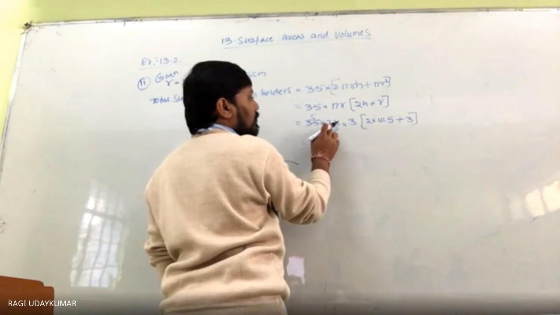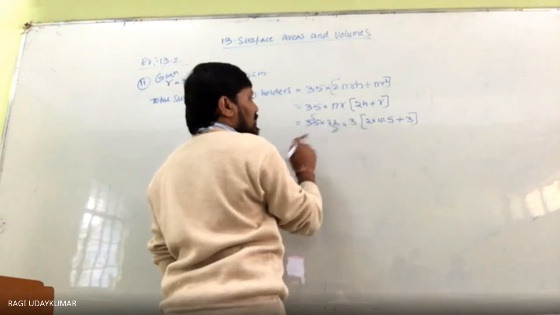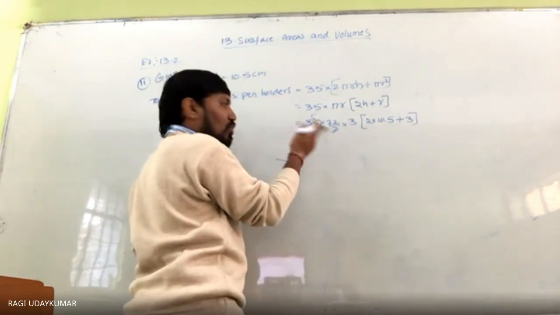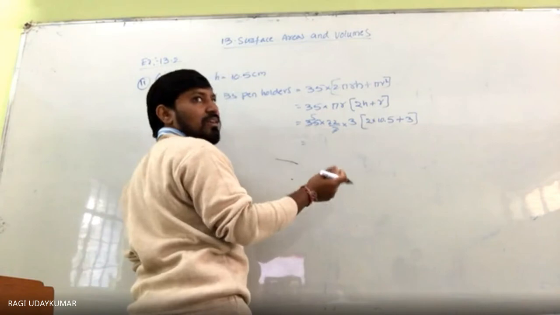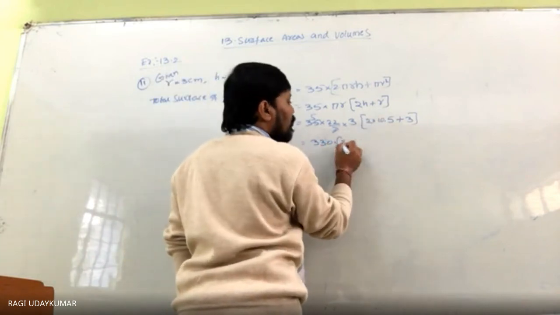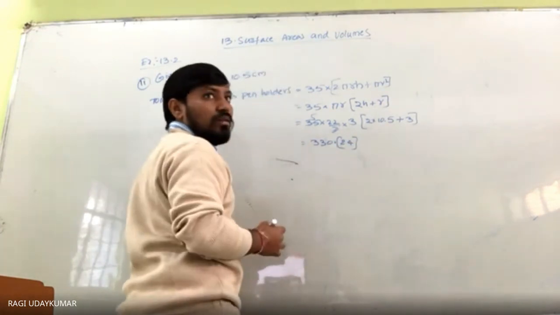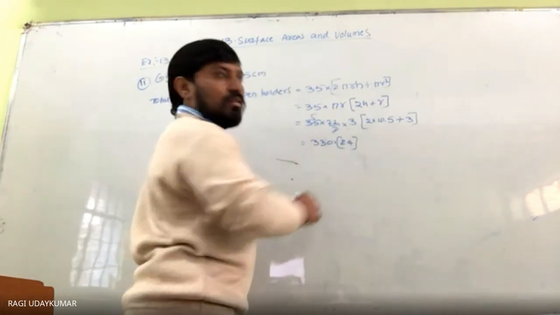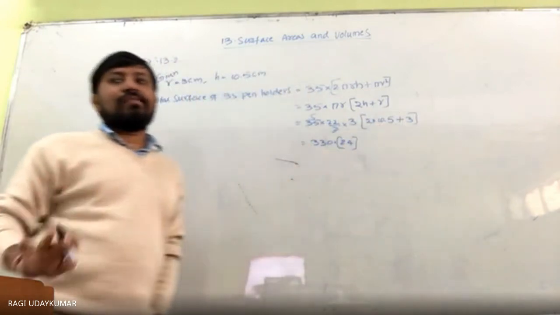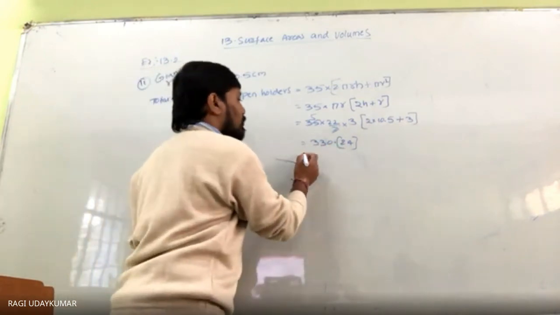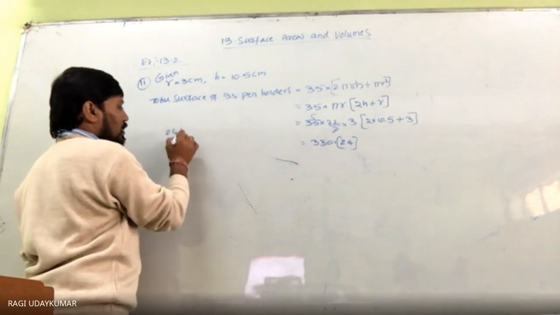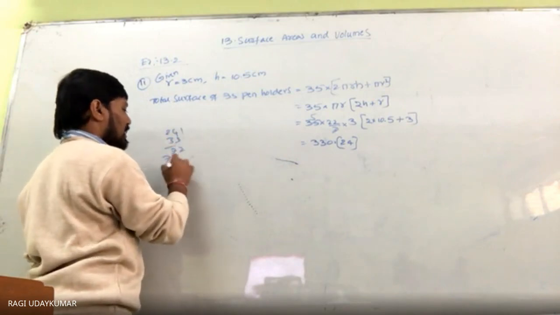Which is equal to 775. ये दोनों मल्टीप्लाई करो 66, अदरवाइज ये 110 होगा. 22 into 5, 110. 110 into 3 is 330, and into 10.5 into 2, 21 plus 3, that is 24. So 330 into 24. So 24 को 33 से, 4 3 से 12, 3 2 6, 72, 792.